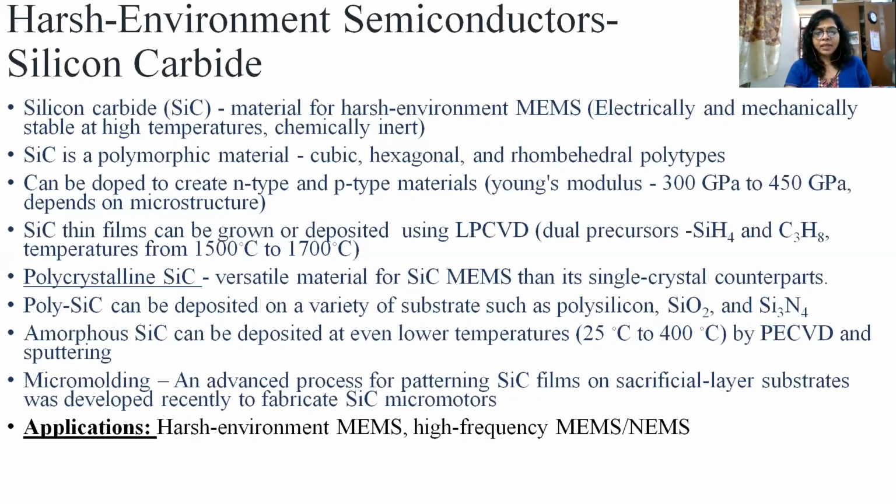Micromolding, an advanced process of patterning silicon carbide film on a sacrificial layer substrate, was developed recently to fabricate silicon carbide micromotors. Silicon carbide can work in very harsh environments and also with high frequency MEMS and NEMS devices.